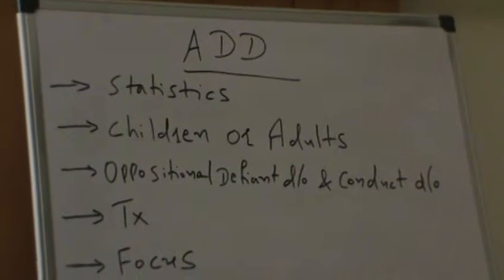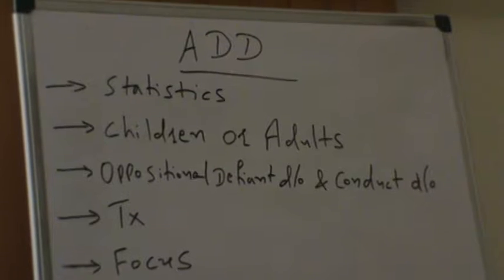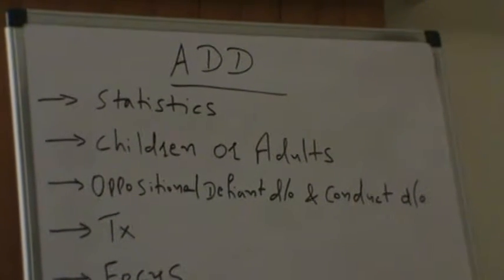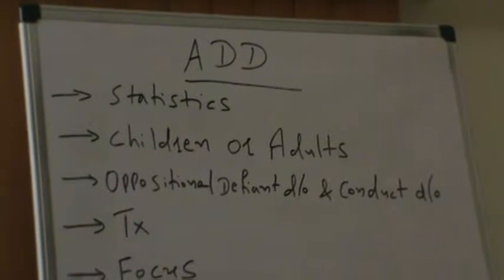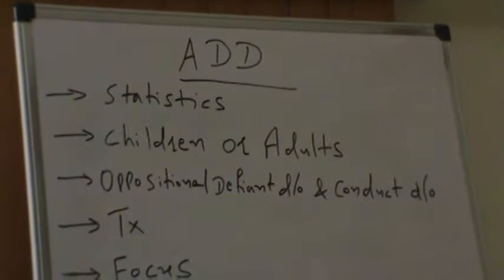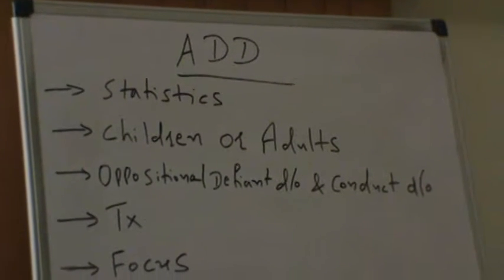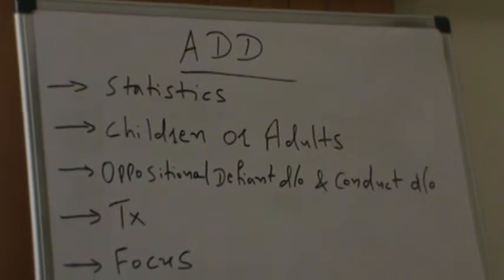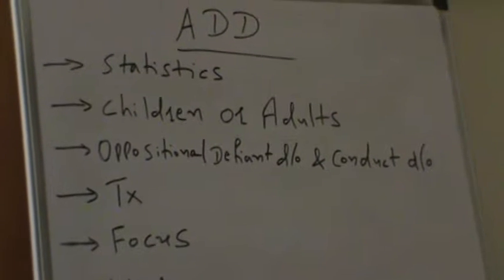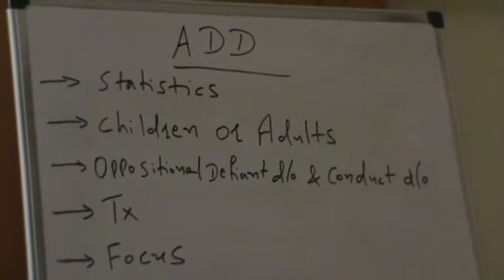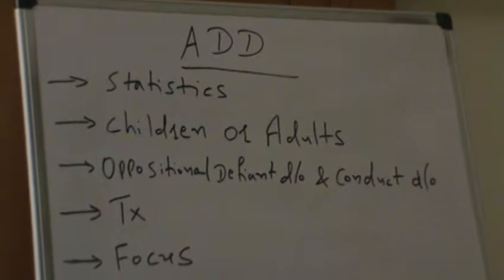About 50% of the children with ADHD will have another psychiatric or developmental diagnosis. Prevalence in adults is estimated to be about 2% with equal numbers for both male and female. About 90% of adults will also have a diagnosed psychiatric condition.